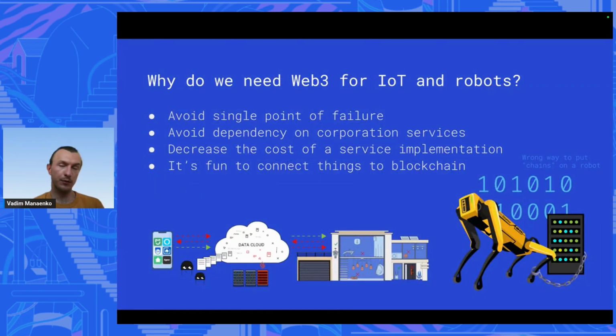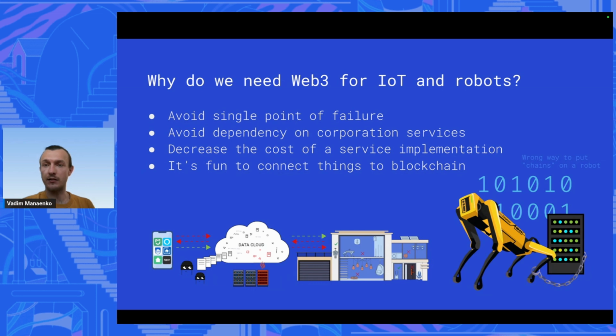One could ask me, why do we need Web3 here? What is it for? Well, the most obvious answer would be there is no single point of failure. We all know this. Even if one server goes down, there are many nodes that support the network, and you don't rely on corporate services that could be shut off immediately by a decision from somewhere.